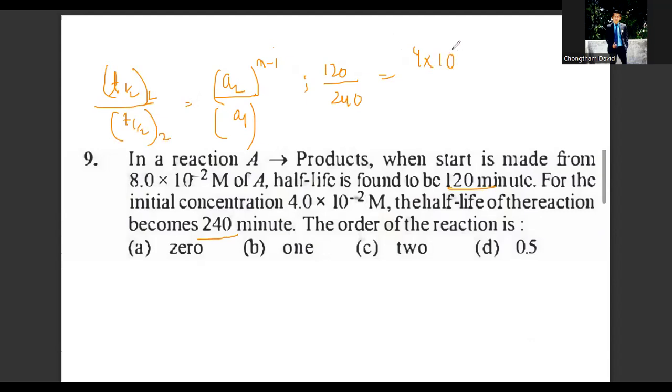So you have 4 into 10 to the power minus 2 with respect to 8 into 10 to the power minus 2. And what is the value of n minus 1? It's not given. You are asked to find the order. So you can cancel this 1 by 2. Okay, 1 by 2. You can also cancel this 1 by 2. 10, 10 gets cancelled. 1 by 2, 1 by 2. They're all the same. Now, what would be the answer for this?